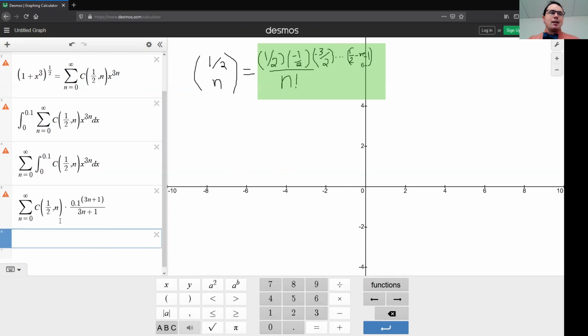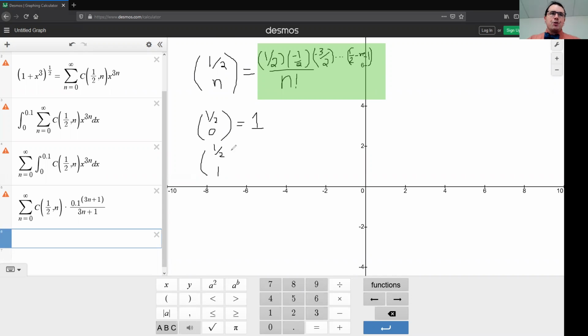The very nice thing about this series, though, is this is still an alternating series. Why is that? Well, in this formula, my binomial coefficient, 1/2 choose n, by definition, if n is 0, gives you a 1.